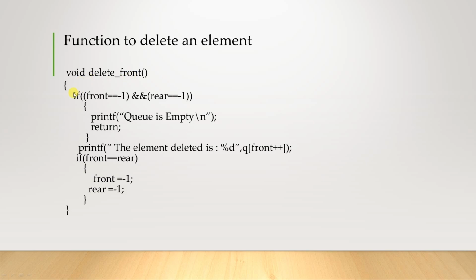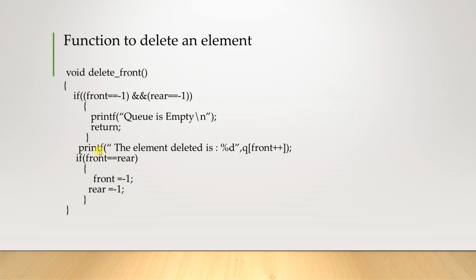As I said, the first case is to verify the empty case, which is verified by this condition: if front equal to -1 and rear equal to -1, then we can declare that the queue is empty. If it is not equal to -1, some element already exists in the queue, so we can just access it and increment the front pointer. That is what is represented here.